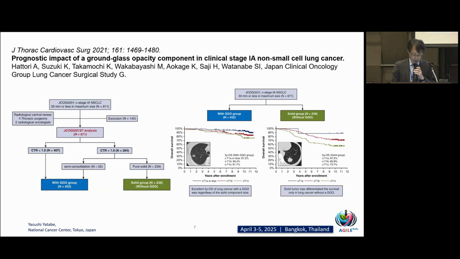Subsolid nodules have been shown to have a better prognosis. This is one of the papers from our JCOG study. When we compare subsolid nodules and solid nodules, you can see differences in prognosis, even when we account for stage differences.